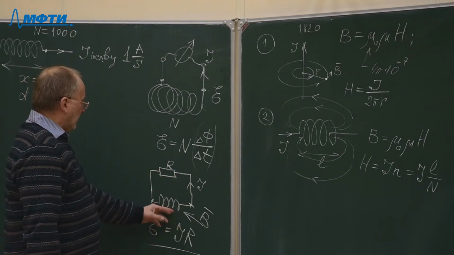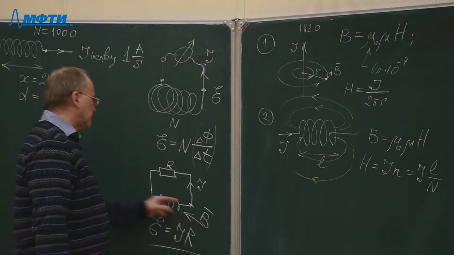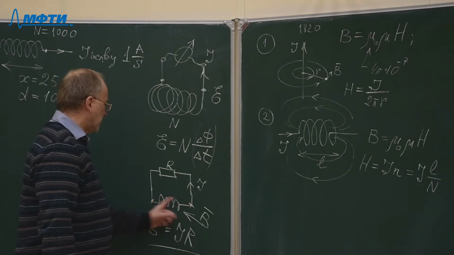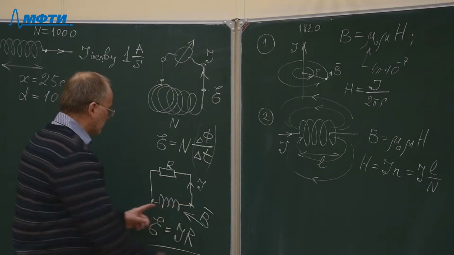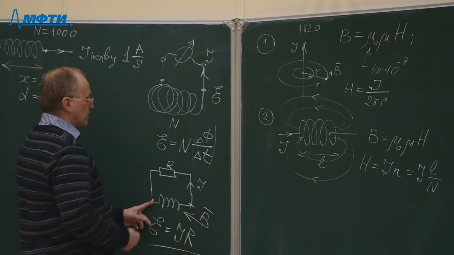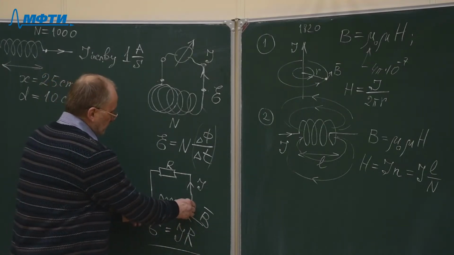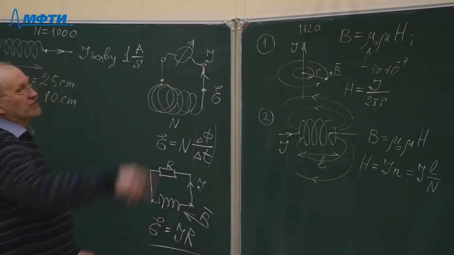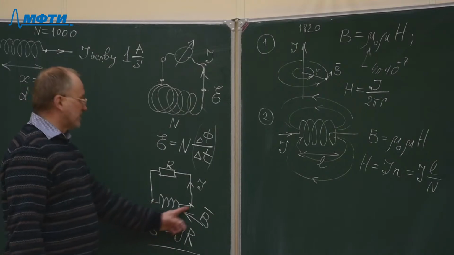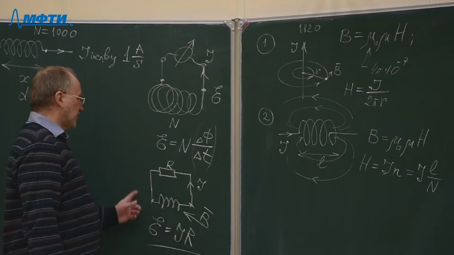solenoid. By the way, the direction of this electromotive force, of this potential difference, which appears due to the change in current, according to Lenz's rule, will be such as to oppose the direction of the change in the current.